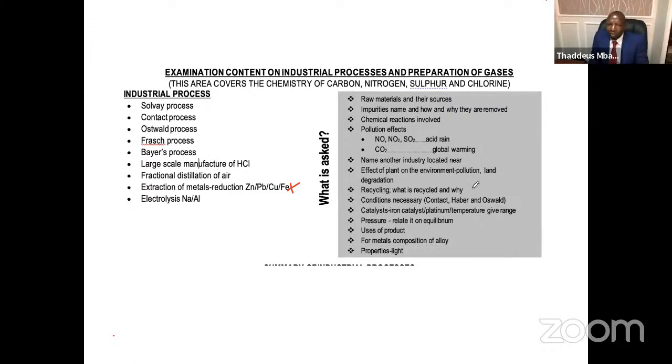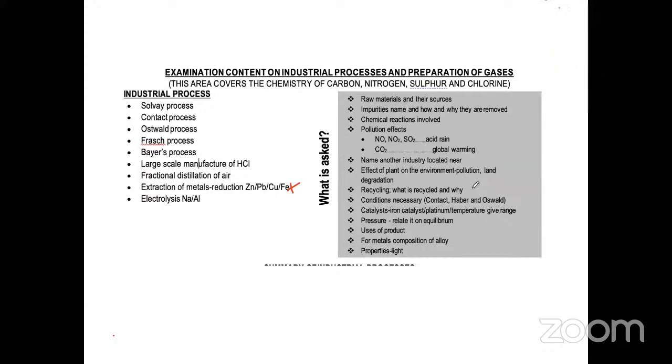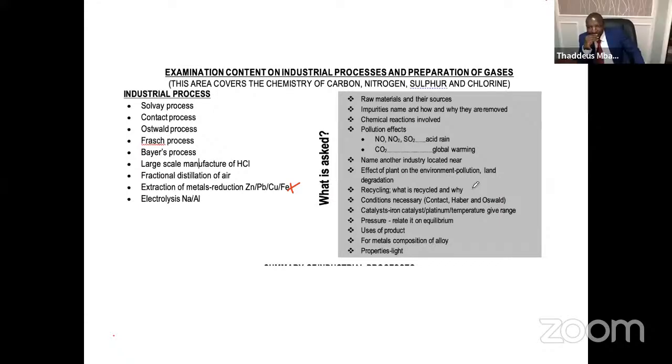What do we need to recycle, by the way? In all the reactions, in all the chemical product you're going to deal with, what is the importance of recycling? There are only two reasons why we recycle. In any chemical process, there's only two reasons why we recycle. Why? Why do we recycle?